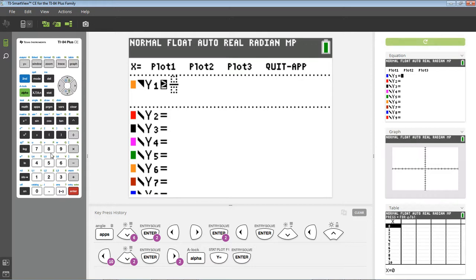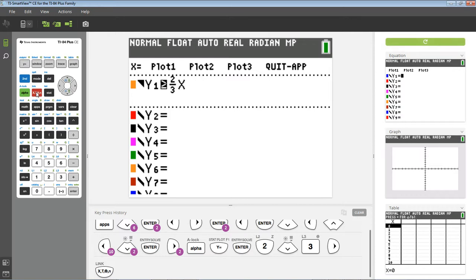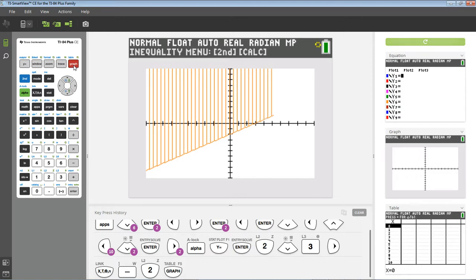Okay, and so now we need to click 2 for the numerator and 3 for the denominator, and then hit the right arrow, put an X there, and then hit minus, and then 2, right? We go up here to graph, and you'll see that graphed right there.